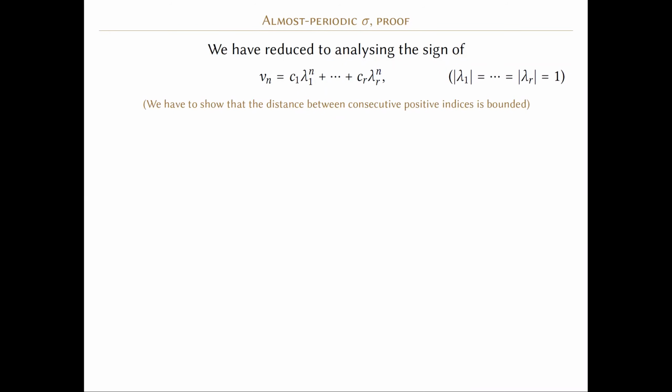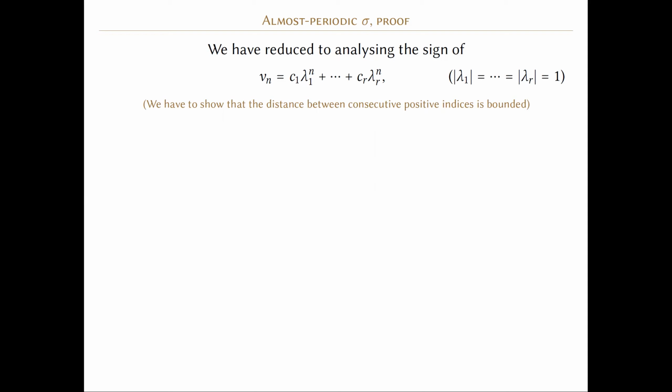So we've reduced the problem to analysis of sign patterns of linear recurrence sequences that are of this form. The c's are algebraic numbers, and lambdas are also algebraic numbers of modulus 1. Why modulus 1? Because in the dominant part, they all have the same length, and dividing a linear recurrence sequence by a positive number does not change its sign.